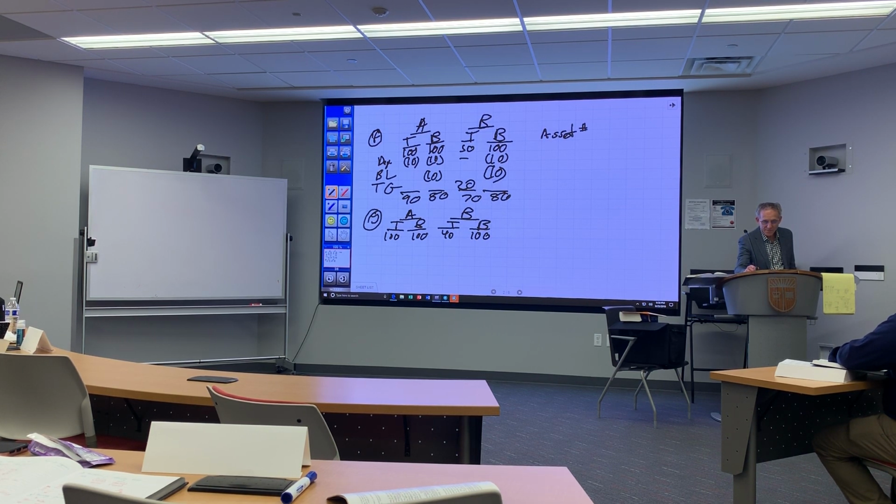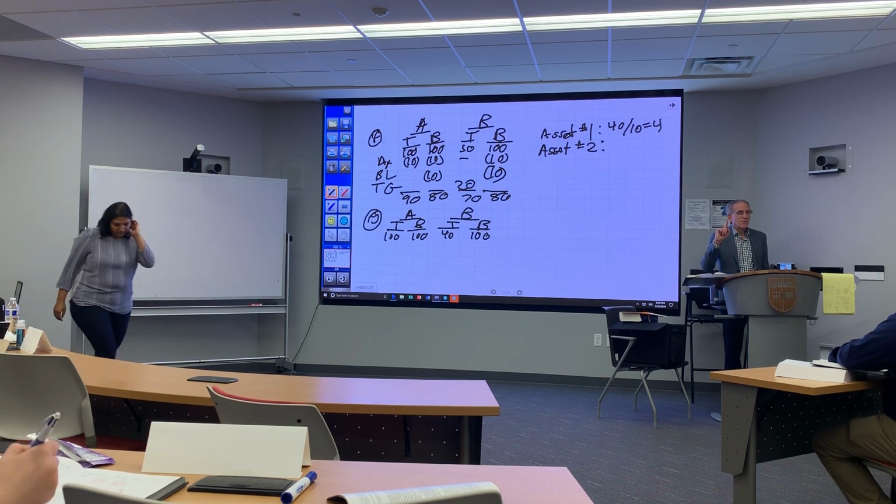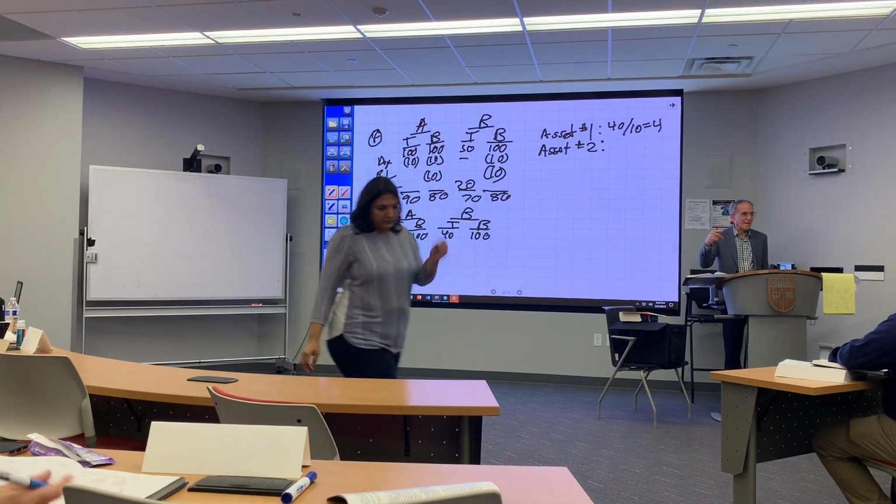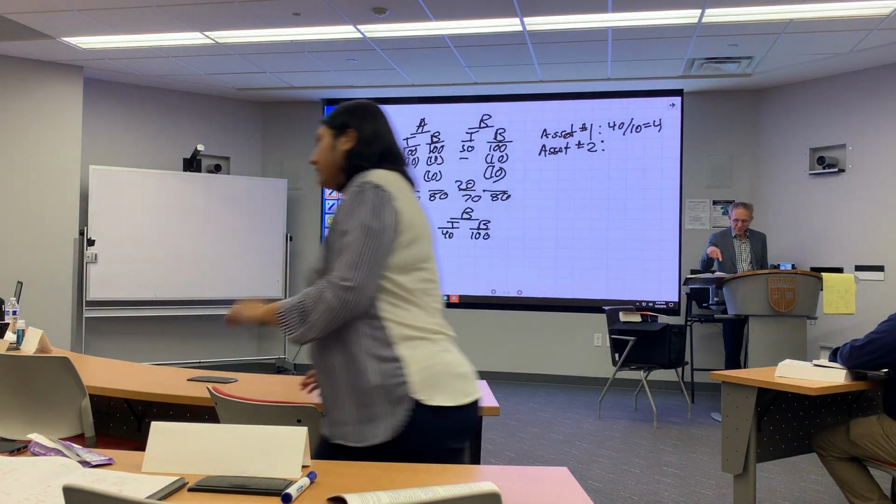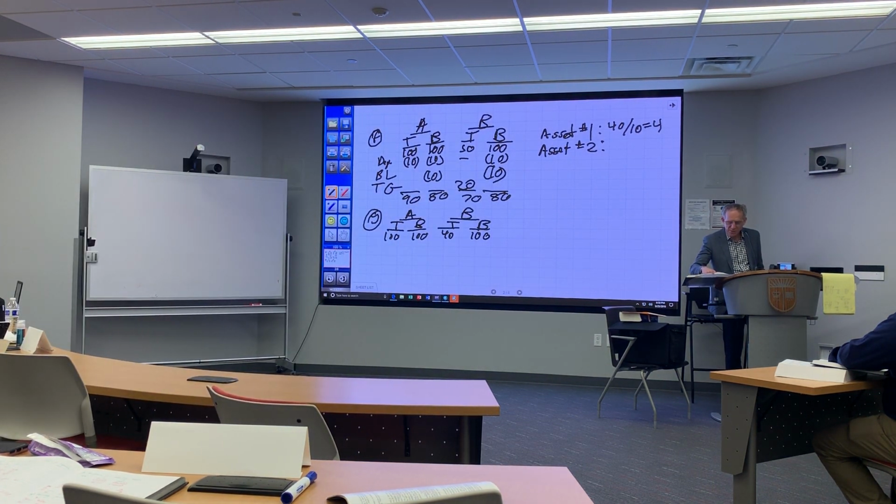So asset one, asset two. The first asset, you depreciate over the remaining lifespan, which is 10 years. Everyone see that at the bottom of page 188, there is 10 years left to run.